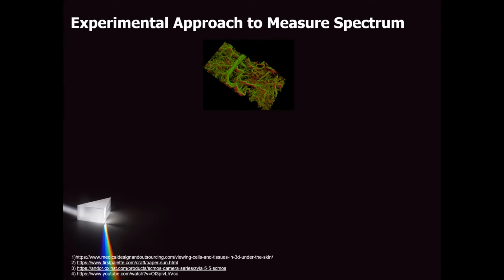Imagine you shine sunlight on a medium of interest and you measure whatever you can with whatever detectors you have, so you can make sense of what is inside the tissue.